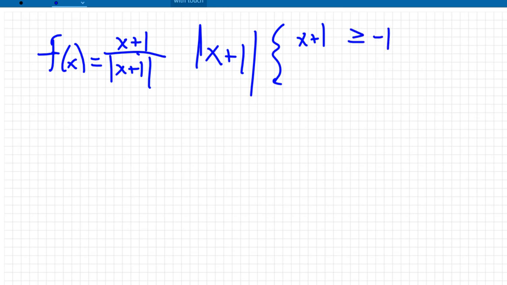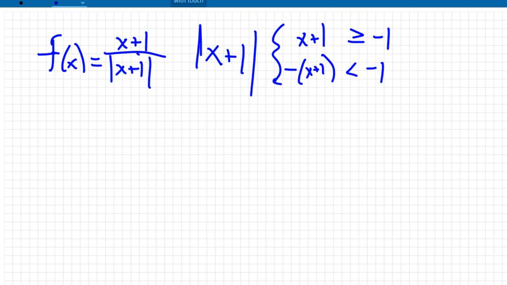Because if it were any less than that, then this x plus 1 expression would be less than 0. And the absolute value of x plus 1 actually equals the opposite of x plus 1 whenever x is less than negative 1, because that expression would be negative, so the absolute value would still be positive. So we want to add in that little minus to account for the discrepancy.